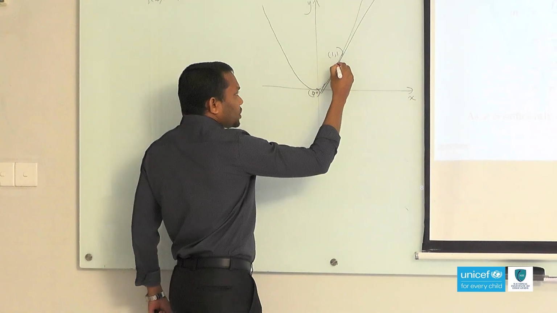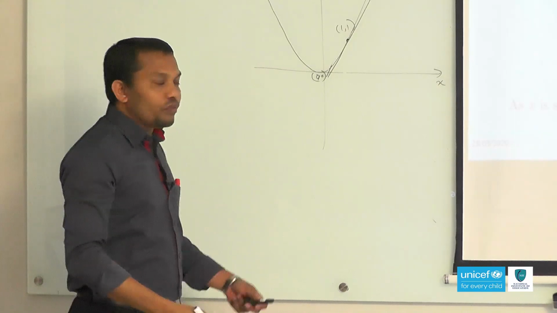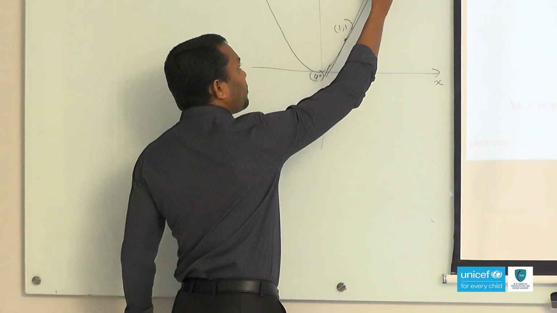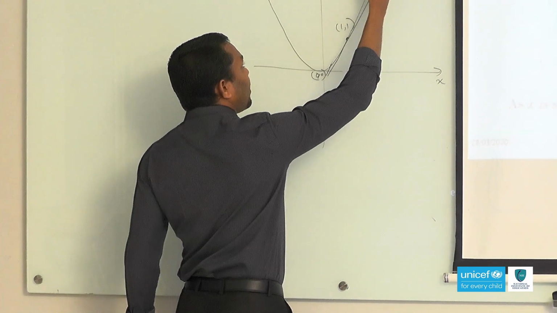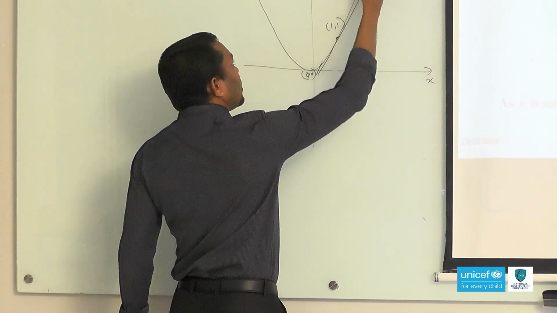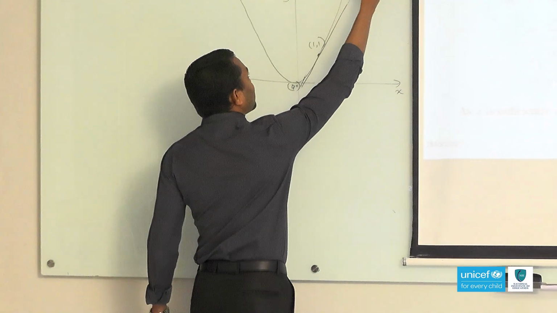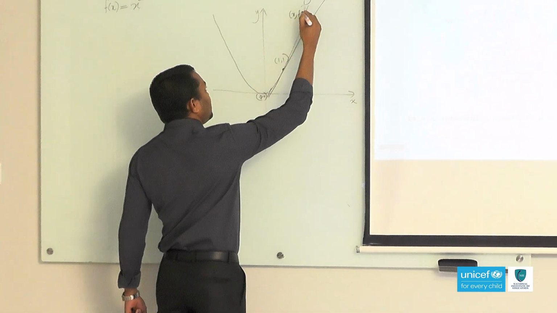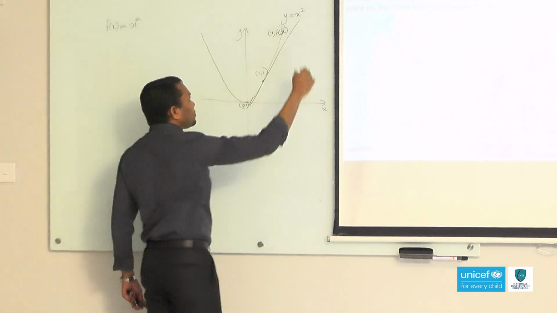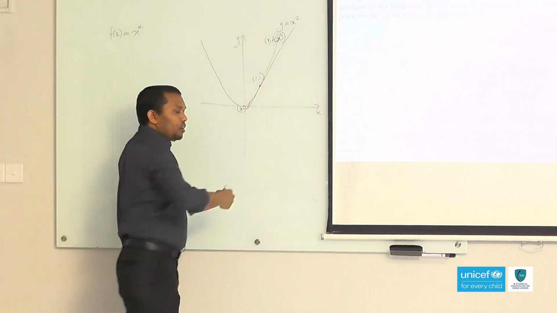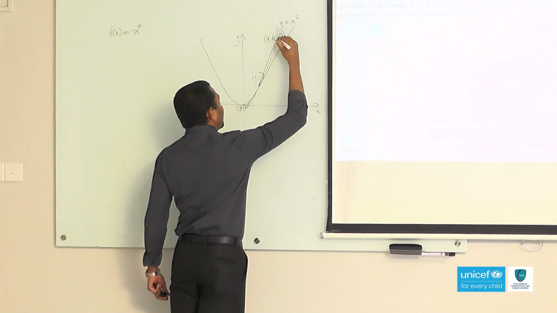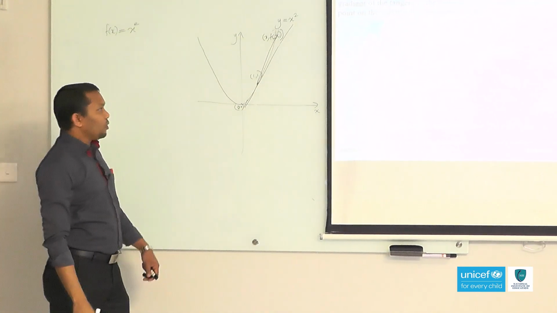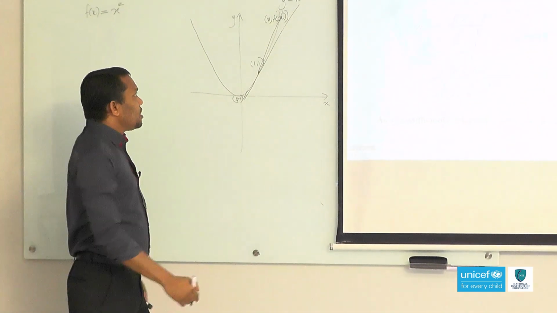In order to study this, we can first take an arbitrary point on the curve. Let us say, for example, the coordinate is x, f of x. My equation is y is equal to x squared. If you join these 2 points on this curve, we call this a chord, or sometimes a secant line.